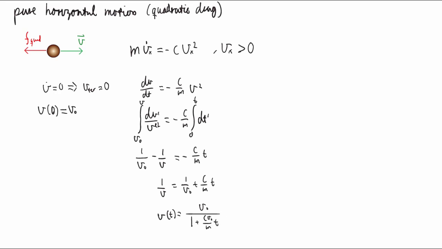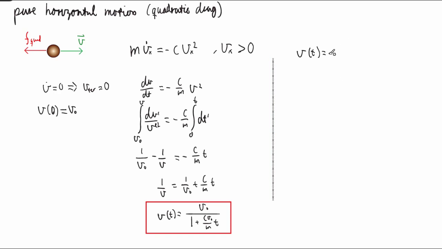We'll just rewrite this slightly. So just as in the case of linear drag, there's a characteristic slowdown time tau, except it's not an exponential slowdown. It slows down more slowly. We can clearly see here.